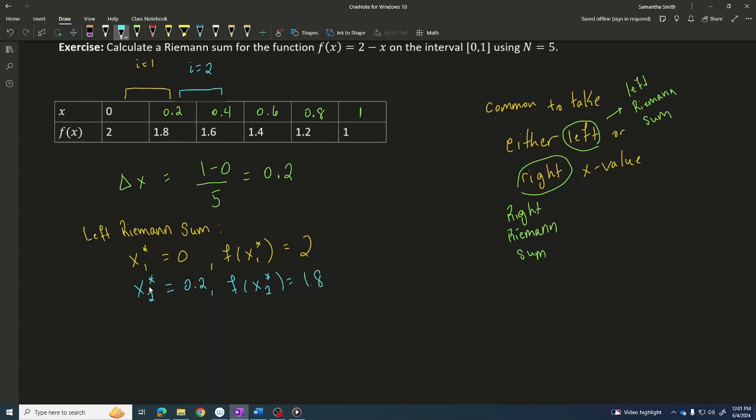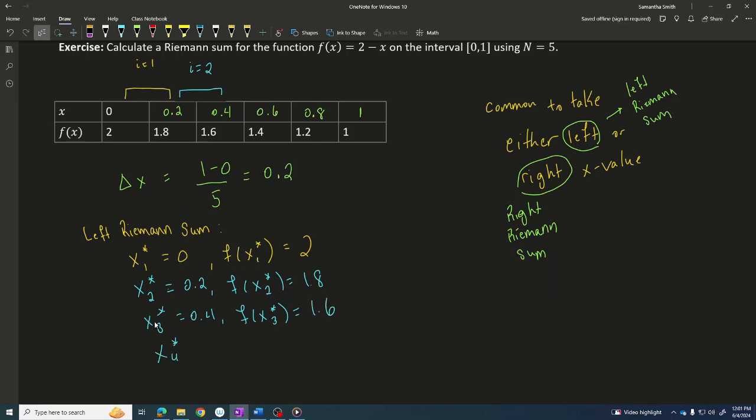If I'm going with a left Riemann sum, then for the third chunk, I'm going to use the left x value, which would be 0.4, and the associated output would be 1.6.